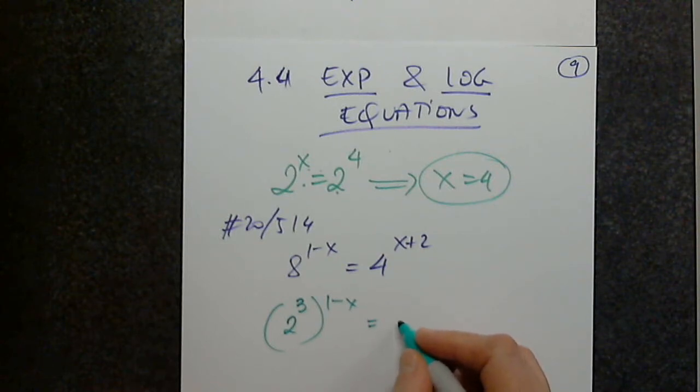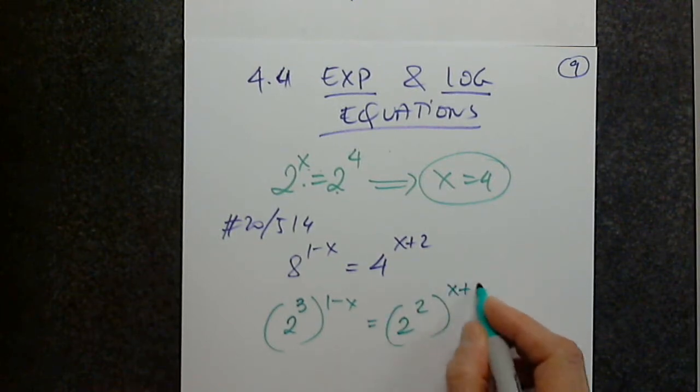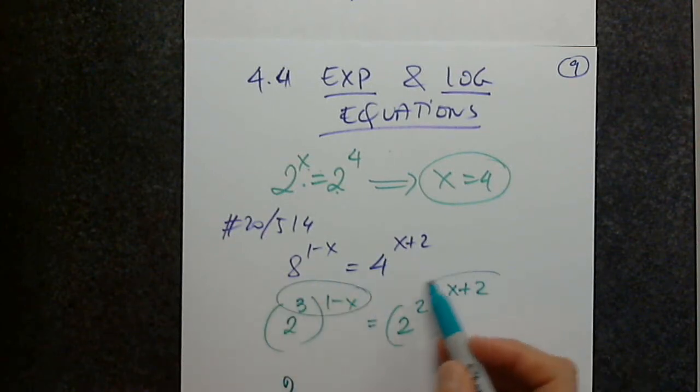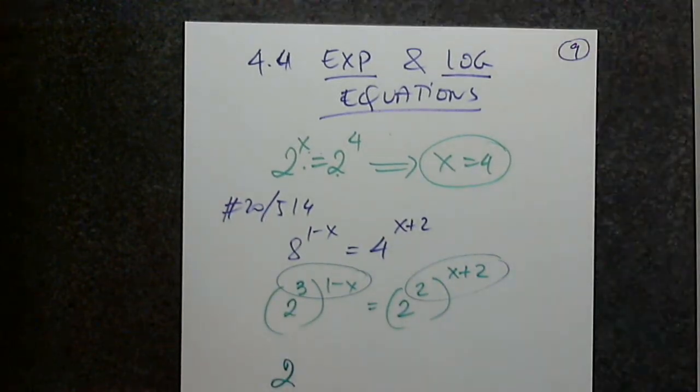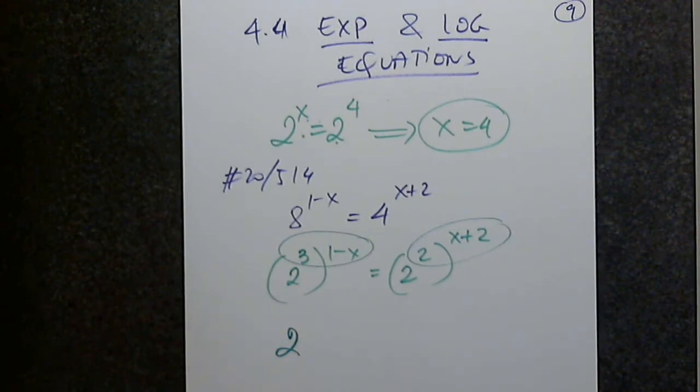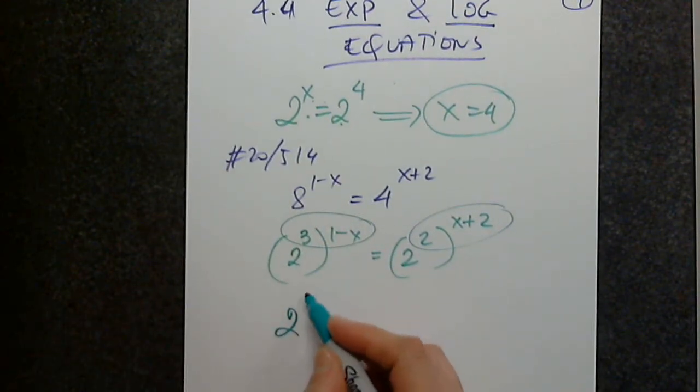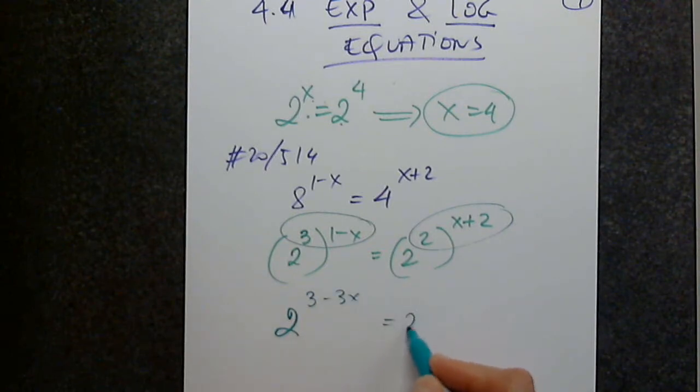So we are getting close. But now I have to copy the base, and please tell me what happens with the exponents. I copy the base and then what operation? Yes, I multiply. Very good. 3 minus 3x equals 2 to 2x plus 4.